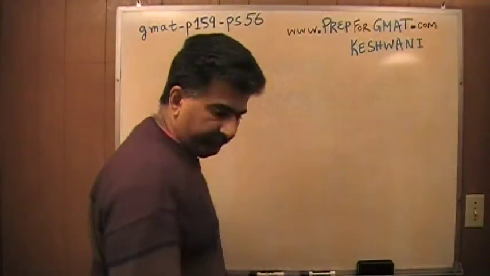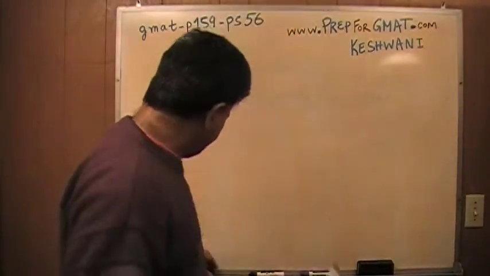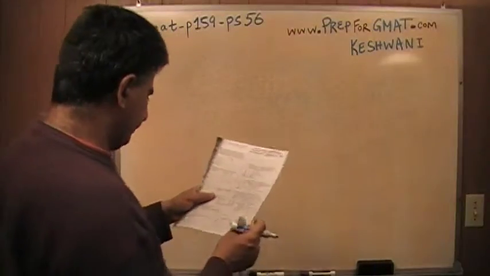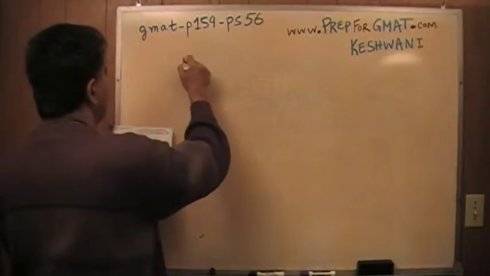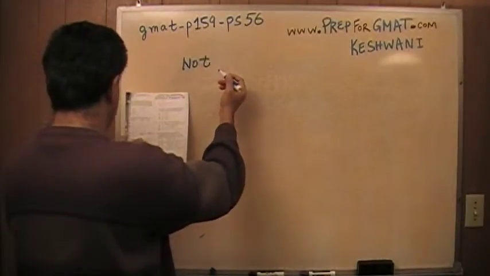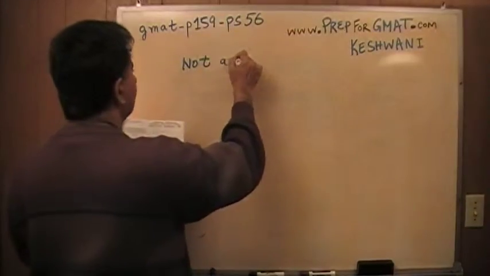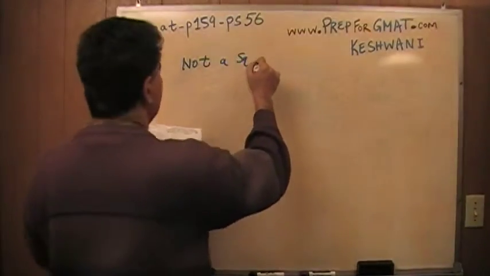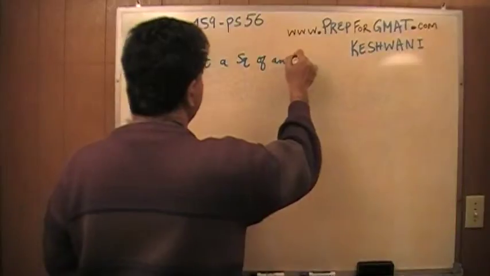Let's see what problem number 56 has to say. Problem number 56 says, which of the following is not a square of an integer?